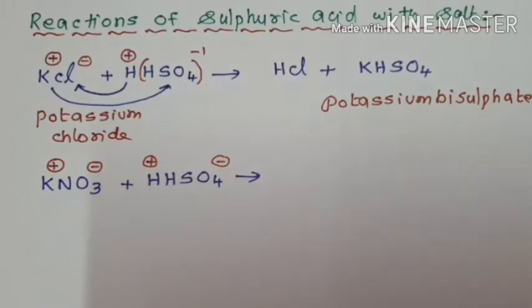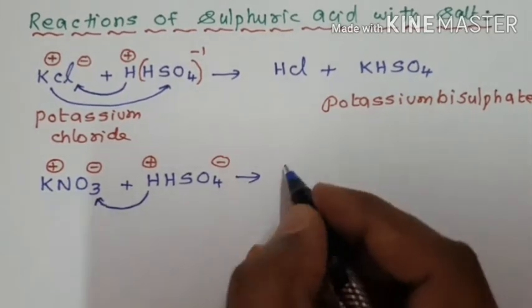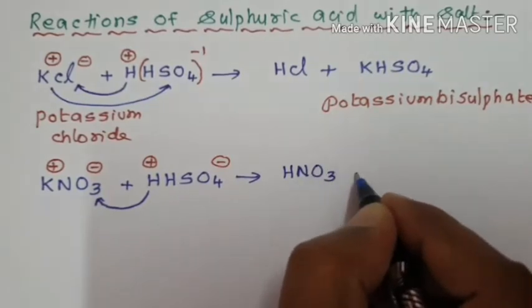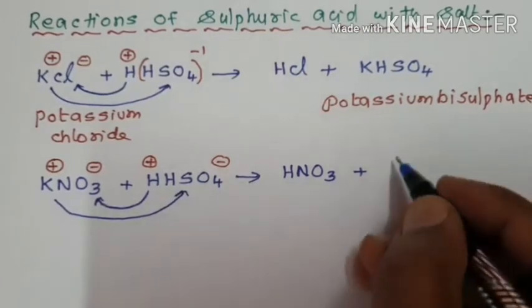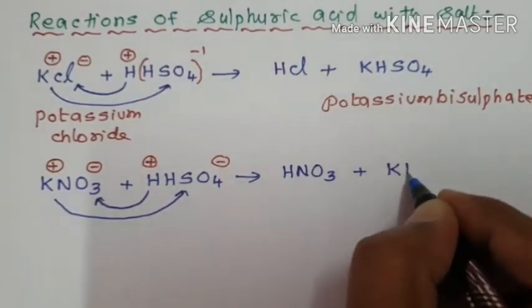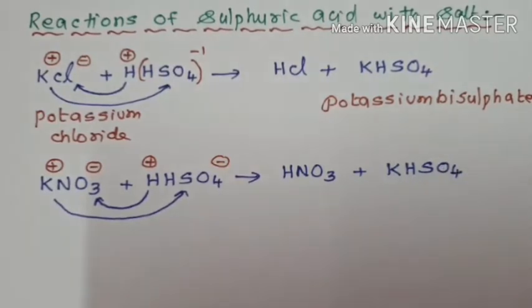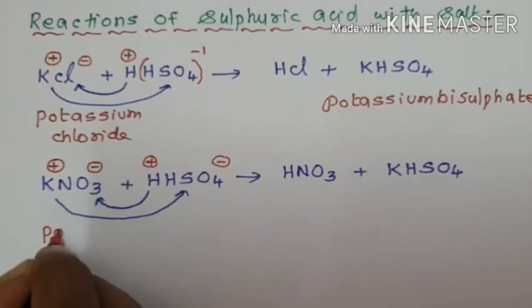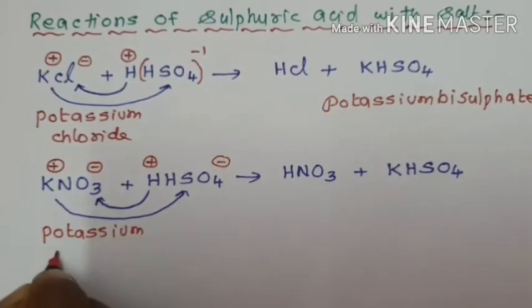Now this H plus ion combines with the nitrate ion, NO3 minus, to form HNO3, and K plus combines with the bisulfate ion and gives KHSO4, potassium bisulfate. This is your potassium nitrate, KNO3.